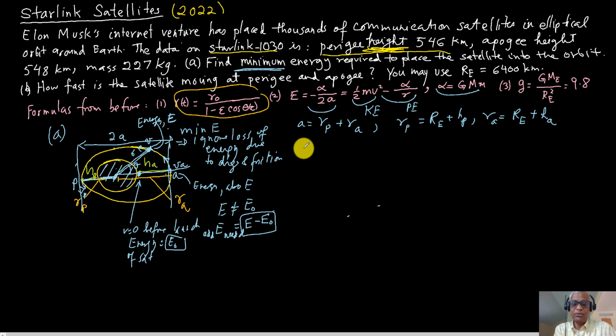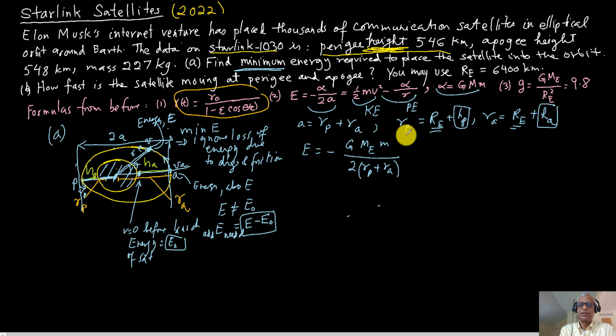If you write down the energy like this, minus G mass of the Earth, mass of the satellite, over 2 times RP plus RA, and don't forget RP and RA have these things. What's given is these guys; RP and RA are not given.